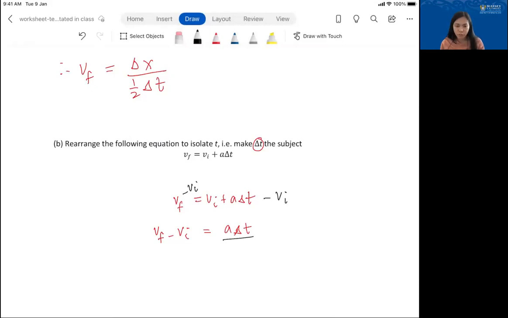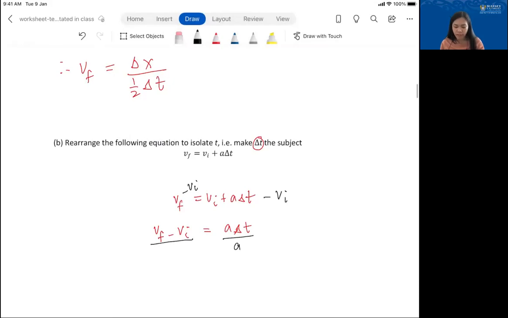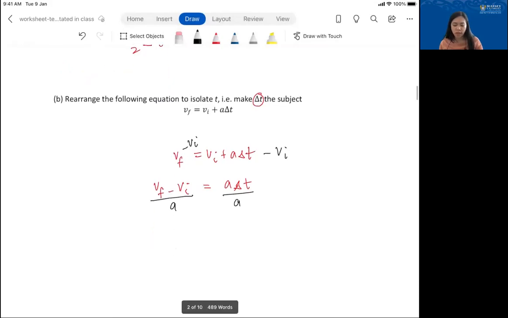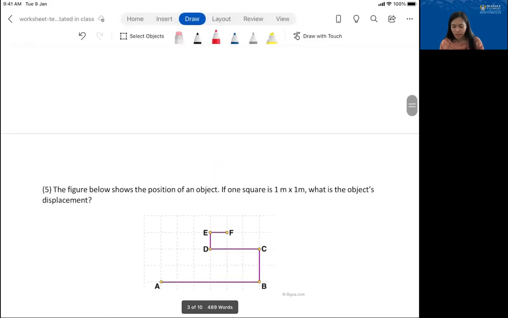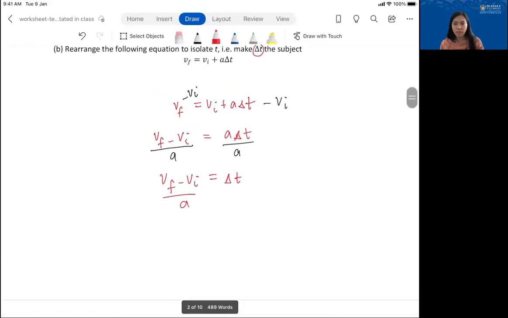So to undo the multiplication, you do a division, because A divided by A is equal to 1. Any number divided by itself is equal to 1, but you have to do that on the other side as well. Then you have delta T is equal to VF minus VI over A. Right? Okay, that's the rearranging bit.